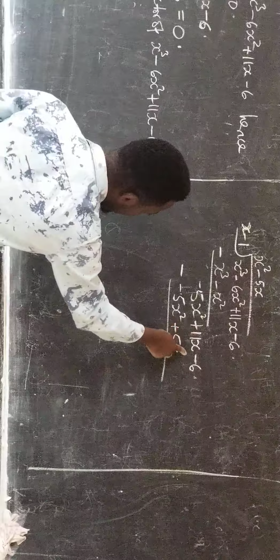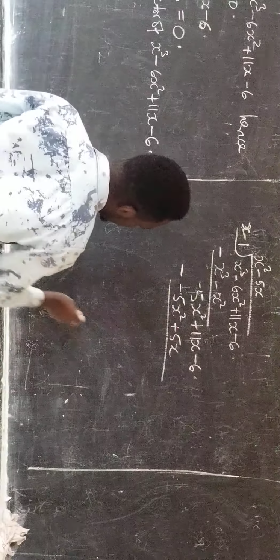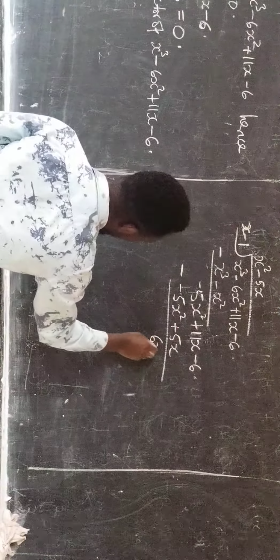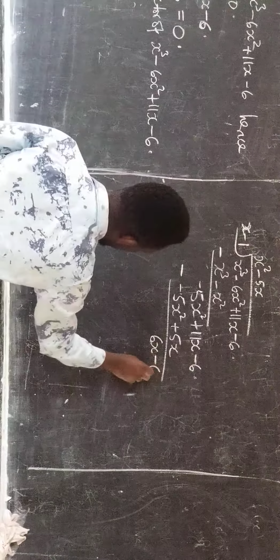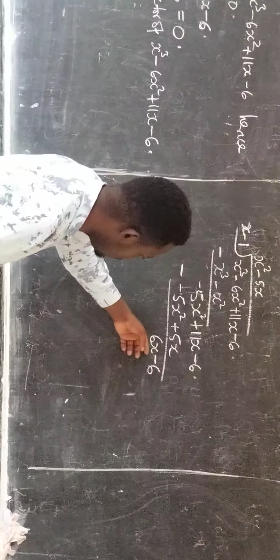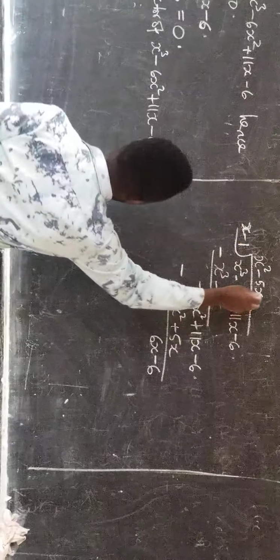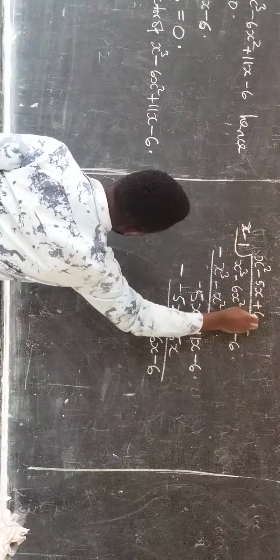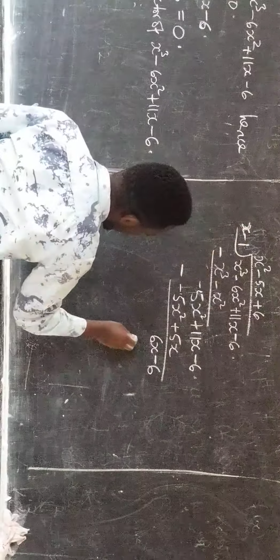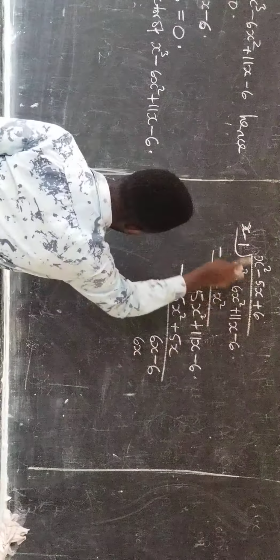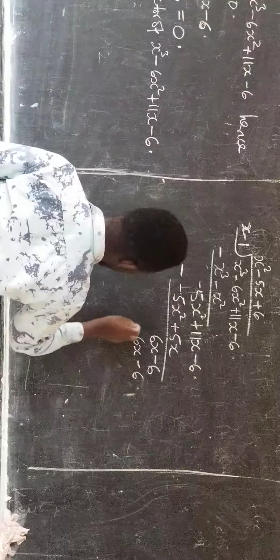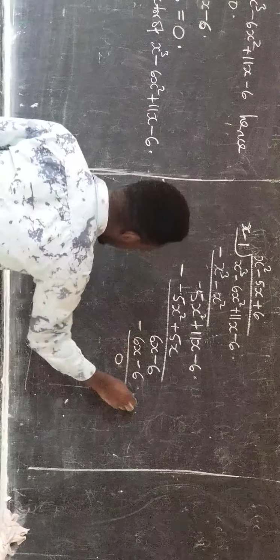This is 11x minus minus 5x, that's 6x, still minus 6. This is still divisible by this. If I divide 6x by x, I will get 6. 6 times x is 6x. 6 times minus 1 is minus 6. If I subtract, I go to 0.